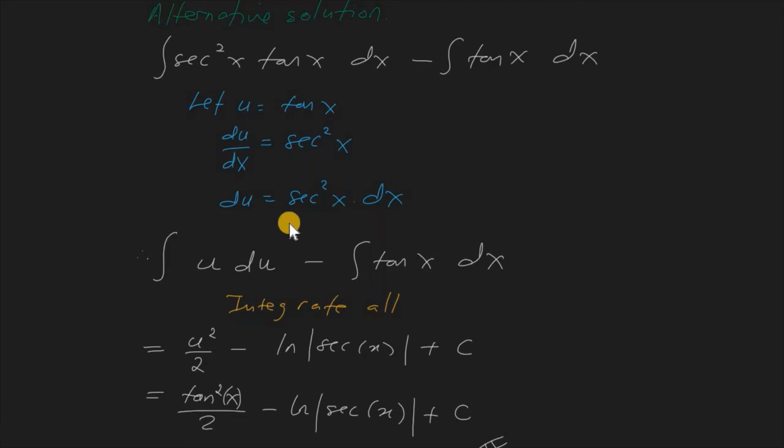So secant square x dx is du. So replace, it becomes u du. As we integrate, here we get u square over 2. As we substitute, it is tangent square x over 2. So you might ask, which one is the correct answer? Let's check the answers.